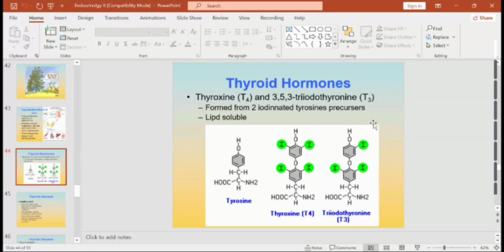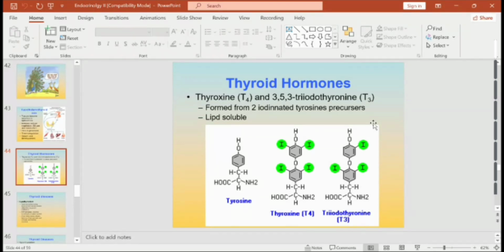In our initial classification, we said some hormones are lipid soluble and have intracellular receptors, either located within the cytoplasm or at the nucleus. An example of such a lipid soluble hormone is thyroid hormone.